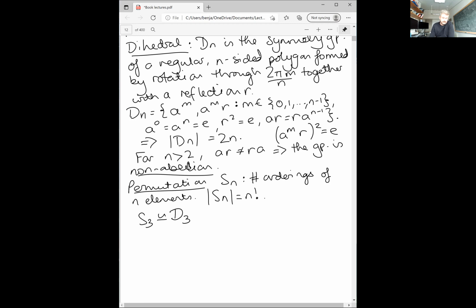And you can see this by the fact that you can label D3 by numbering the vertices of the triangle and seeing all the different permutations of those vertices as being different elements, symmetries of the group. So numbering the corners of the triangle.